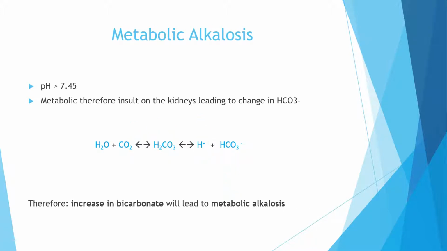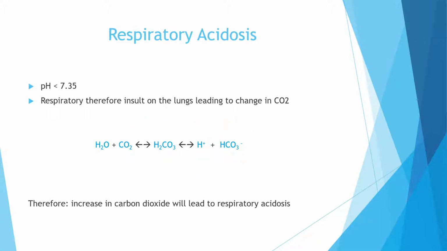In metabolic alkalosis, pH is greater than 7.45, and again, because it's metabolic, there is a change in the bicarb. If your bicarb goes up, your equation gets pushed to the left, and thus your H plus goes down. So an increase in the bicarb will lead to a metabolic alkalosis.